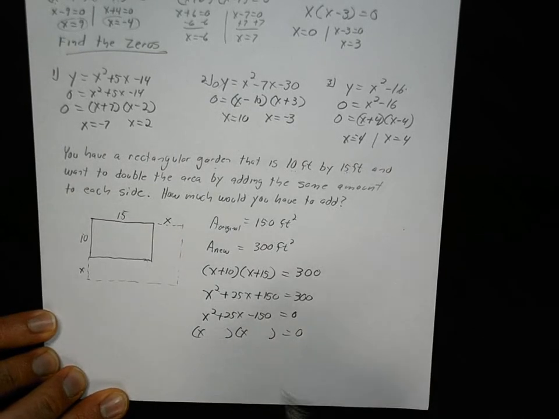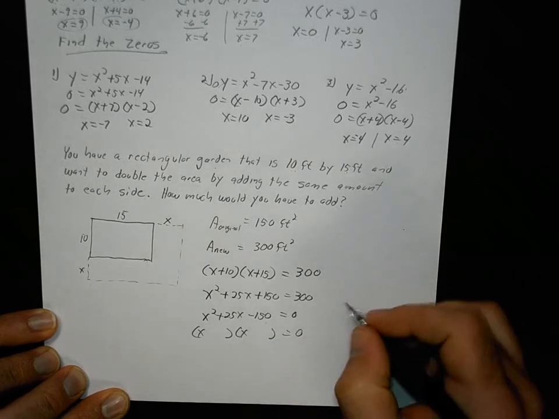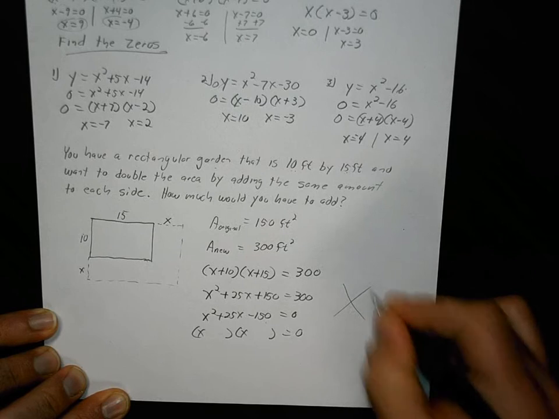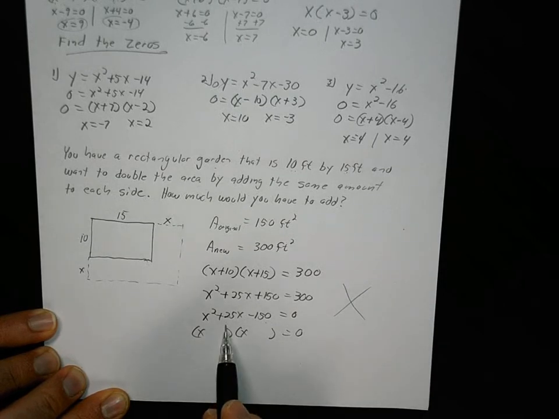Factor that out. And two numbers that multiply to get negative 150 that add up to positive 25 would be, tell you what, my time's running out, so I'm going to let you try to solve that and bring it to class.